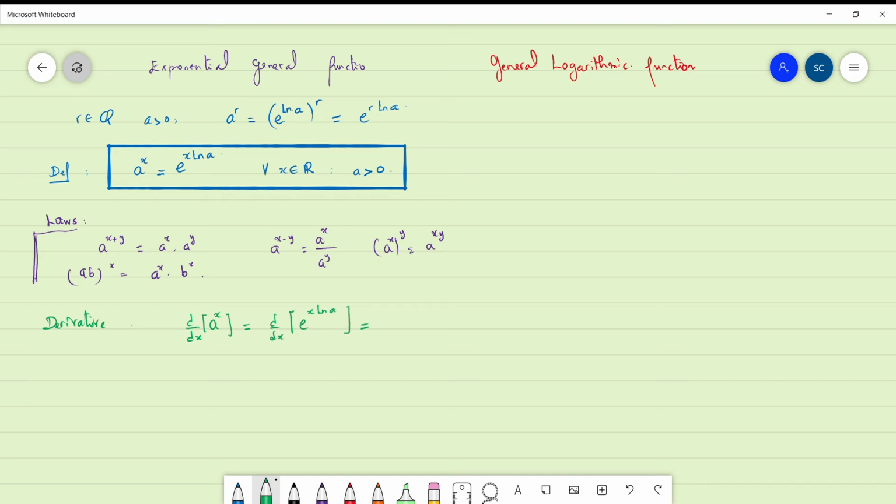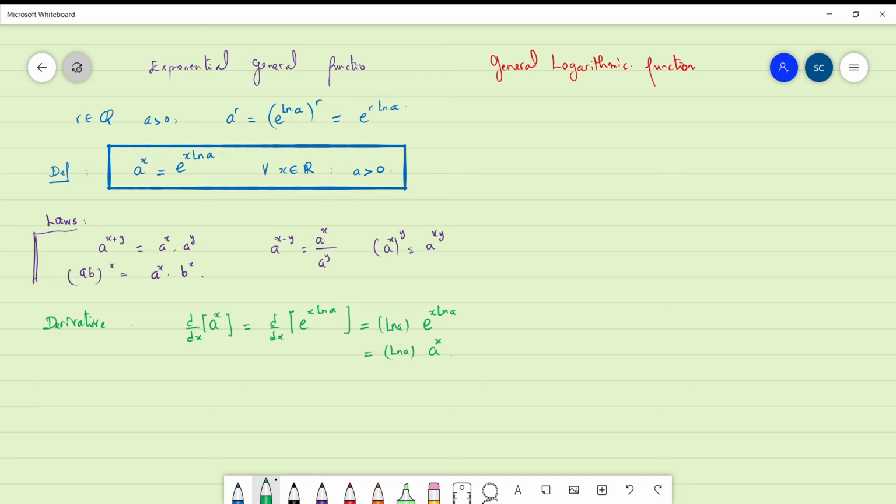So the chain rule says I derive the exponential itself, and deriving x ln a gives me ln a. So I have exponential of x ln a, which is ln a times the same function.